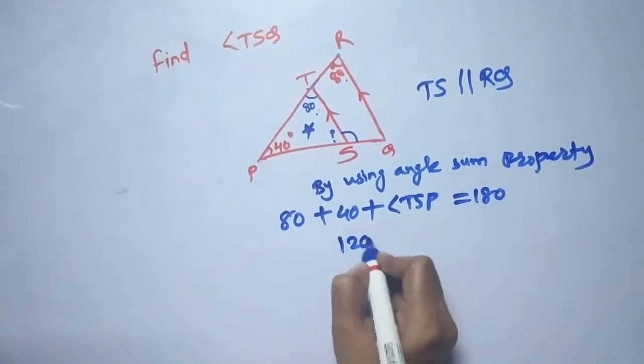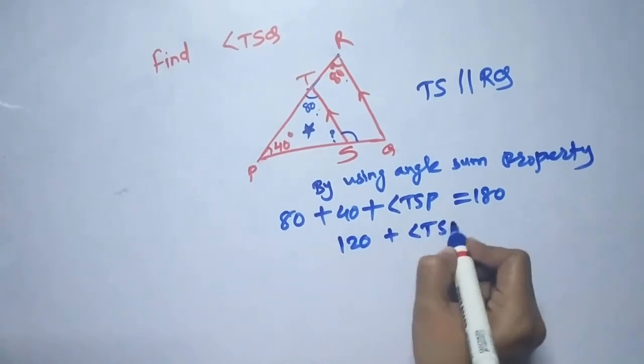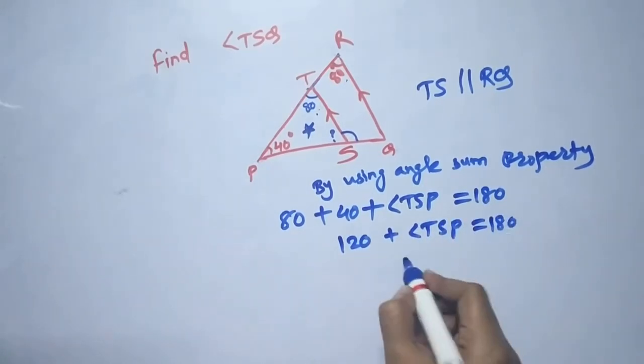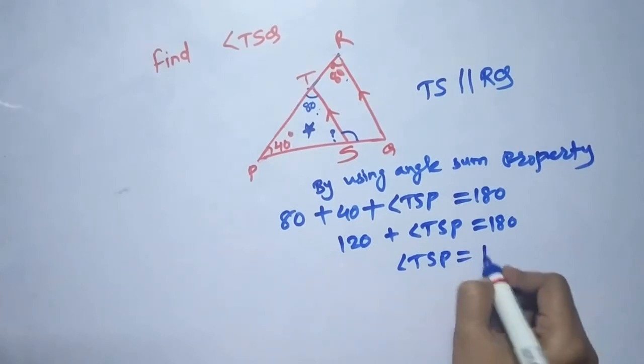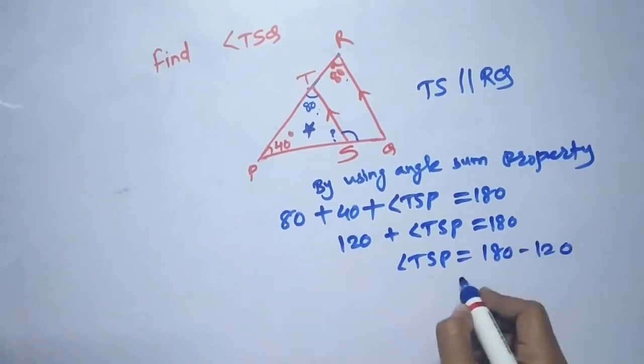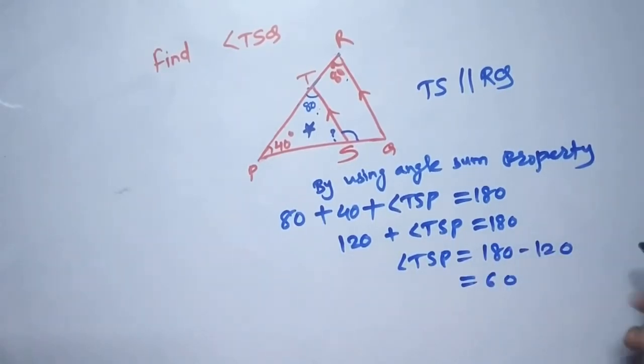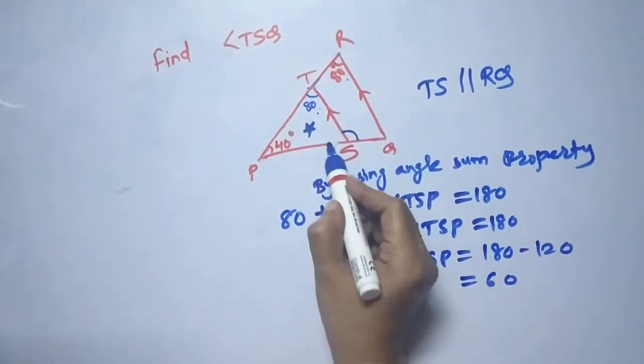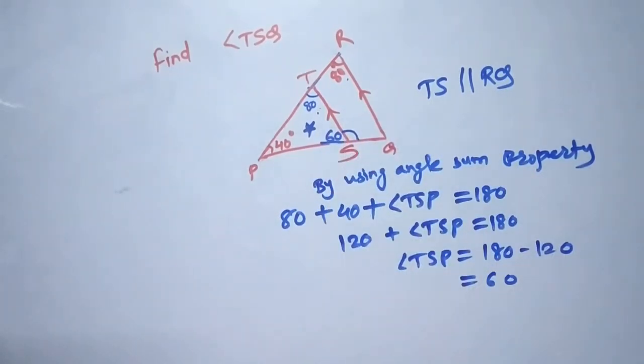So friends, here you'll get 120 plus angle TSP is 180. So we'll get 180 minus 120, which is equal to 60. So friends, here we got this angle as 60 degree.